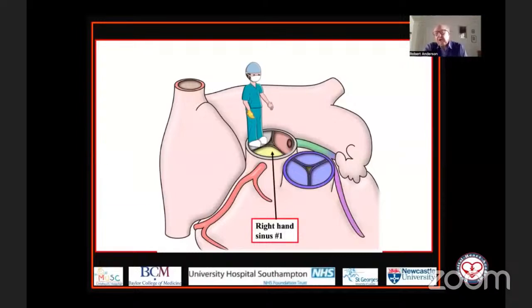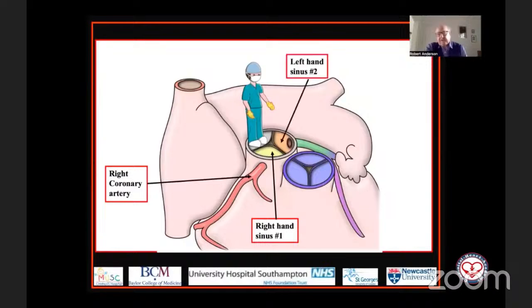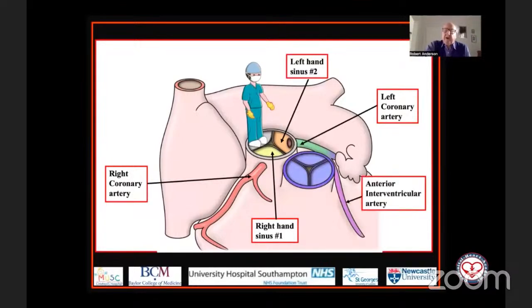And in the normal heart, that right-handed sinus gives rise to the right artery. It then follows that the other sinus is to the left hand of the surgeon. We call that sinus number 2, and it gives rise to the left coronary artery, which divides into the circumflex artery in the normal heart and the anterior interventricular artery.